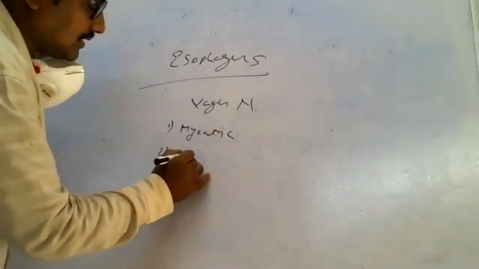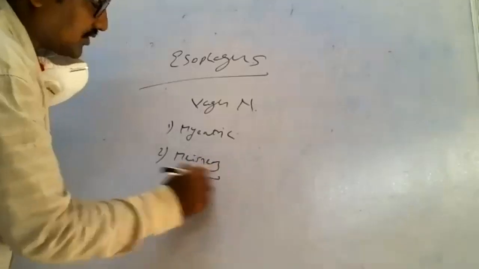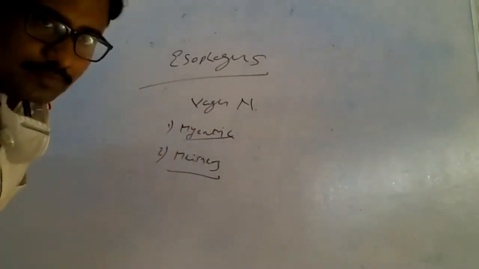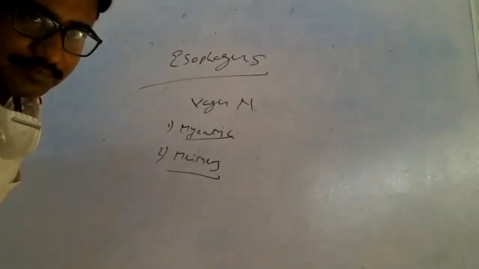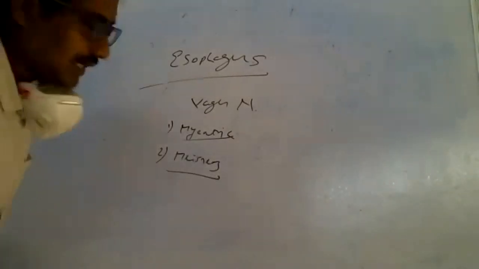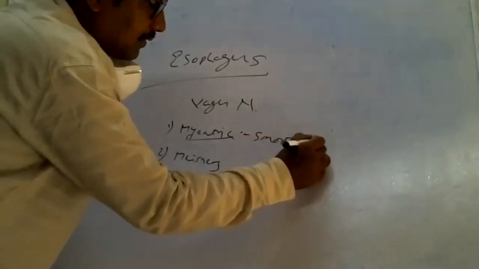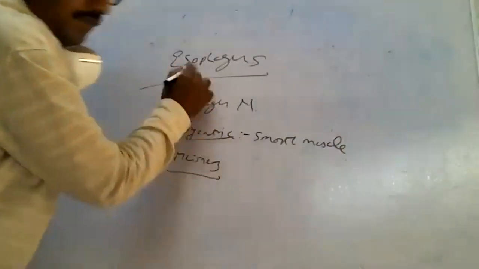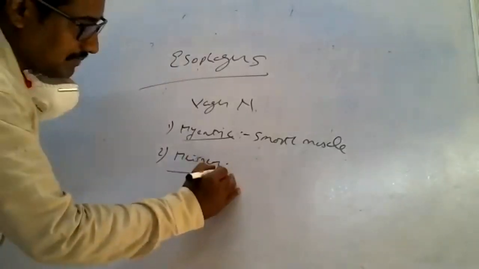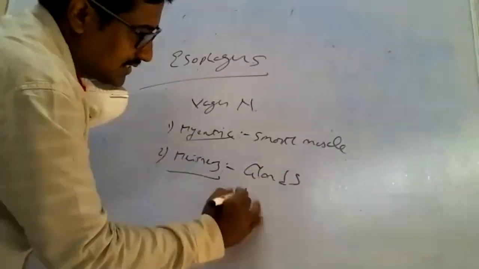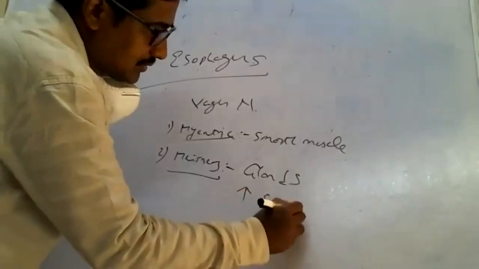The second one is Meissner's plexus. Myenteric plexus will supply the smooth muscle of esophagus, whereas Meissner's will supply the glands, which increases the secretions.